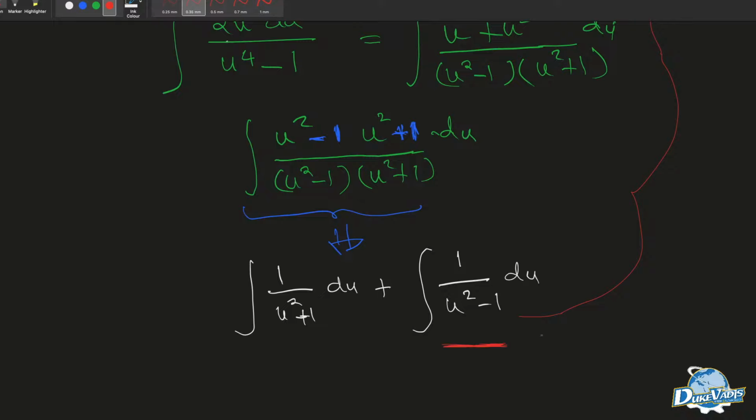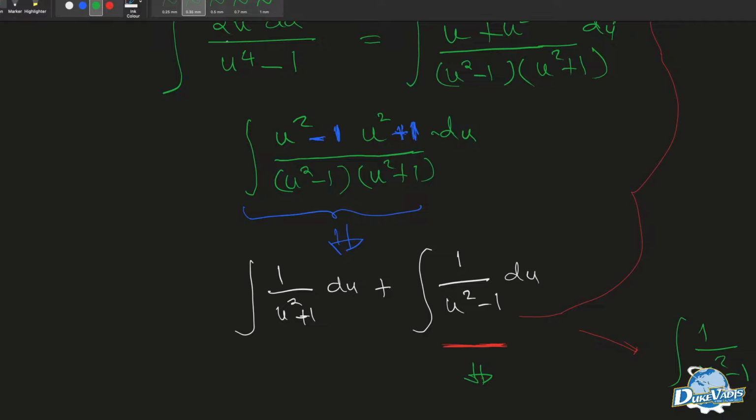And the one we've been given earlier says the integral of 1 over x squared minus 1, which is the same as this, is tanh inverse of x.